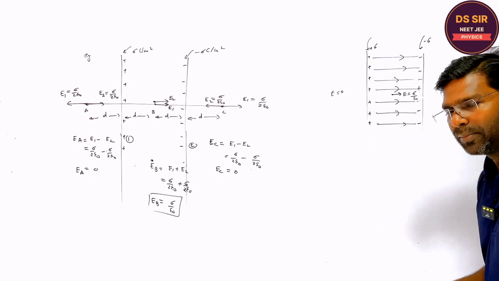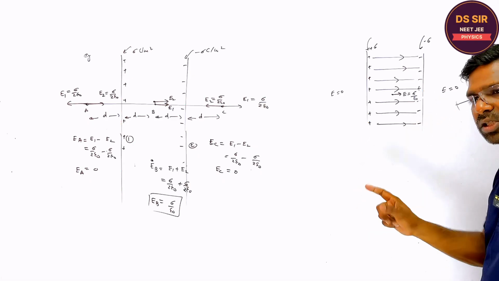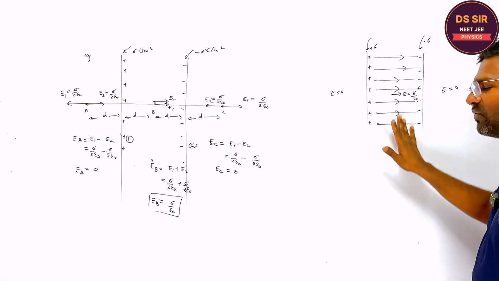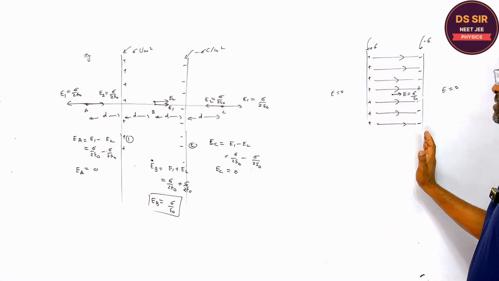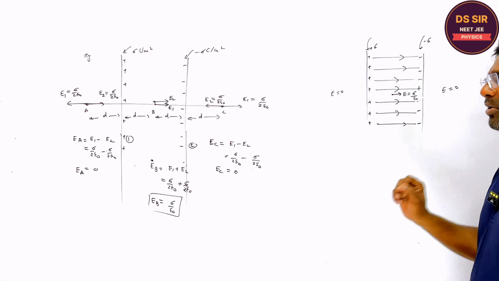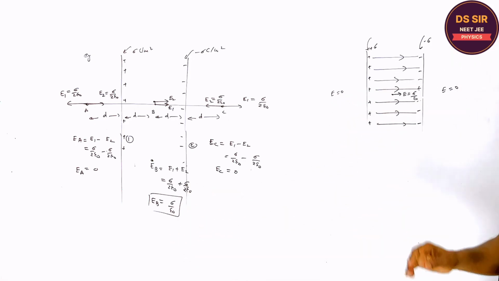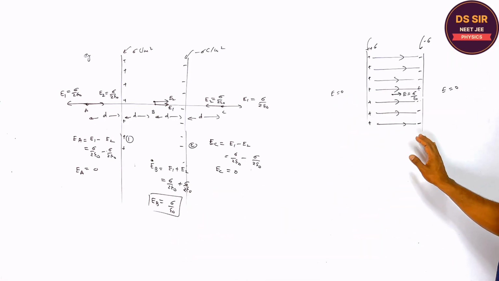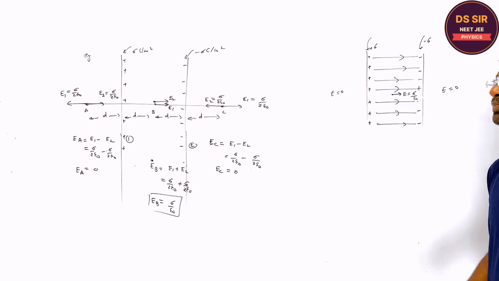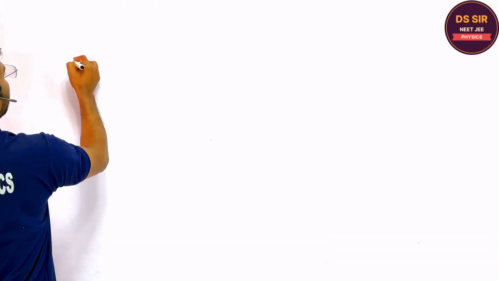Therefore, if two parallel plates have equal and opposite surface charge density, the electric field is confined between the plates and the value is sigma upon epsilon naught. How does it come? I had explained, right? So copy this, and we will see the next example. I am writing a very good example.